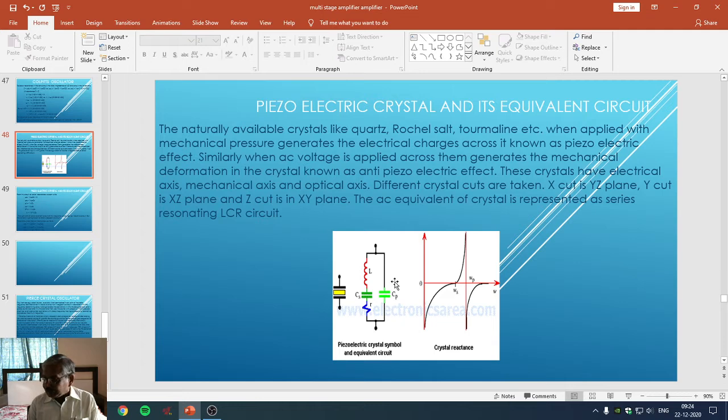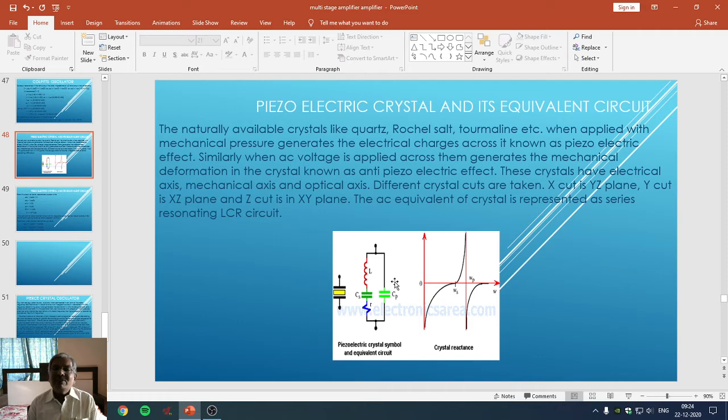This process of generating electrical charges by applying mechanical force is known as the piezoelectric effect. And the crystals so behaving are called piezoelectric crystals.